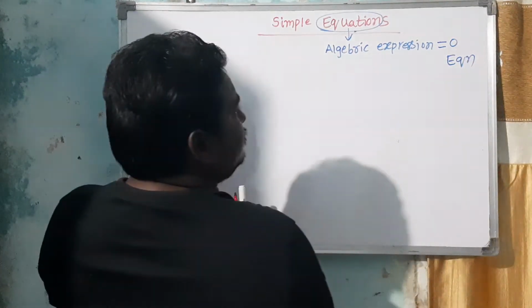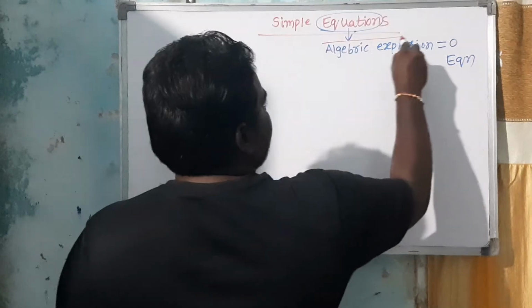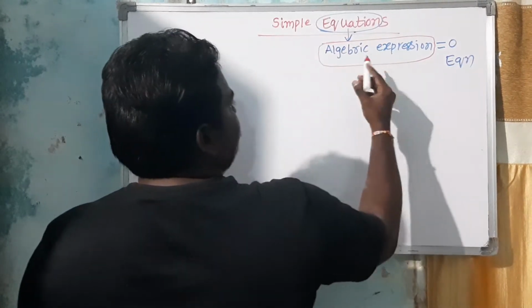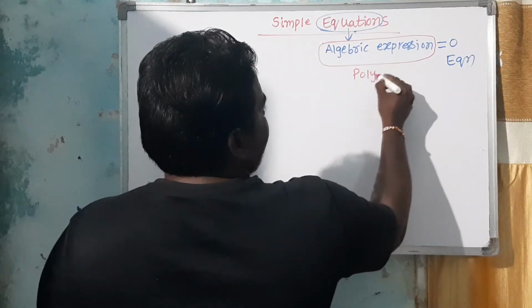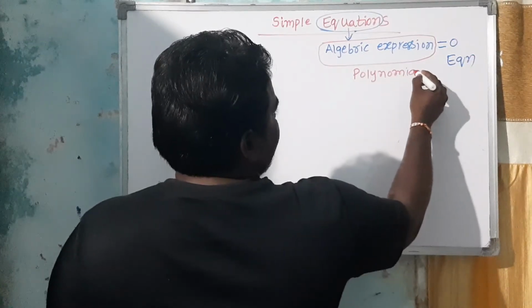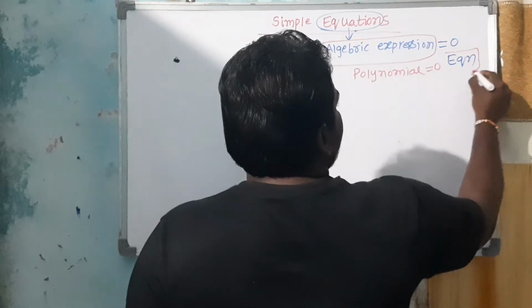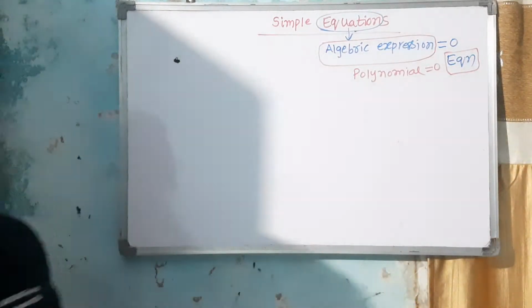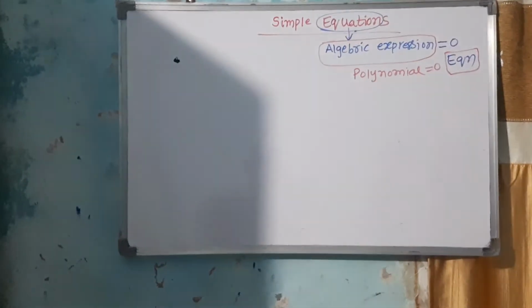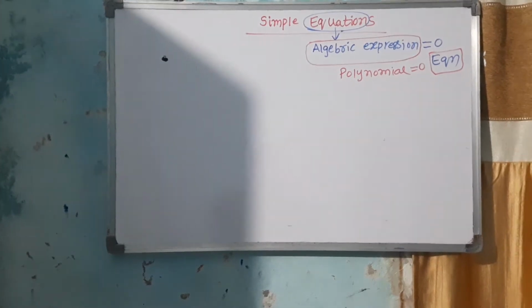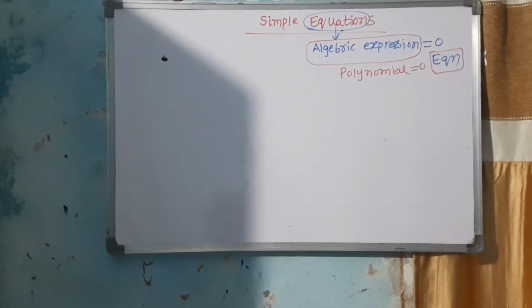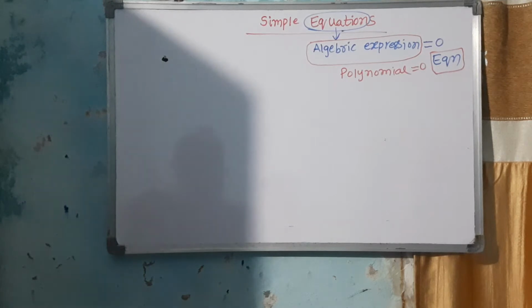If it is not equal to zero, it is called just a polynomial. If a polynomial equals zero, then it is called an equation. That is the basic idea of a simple equation.